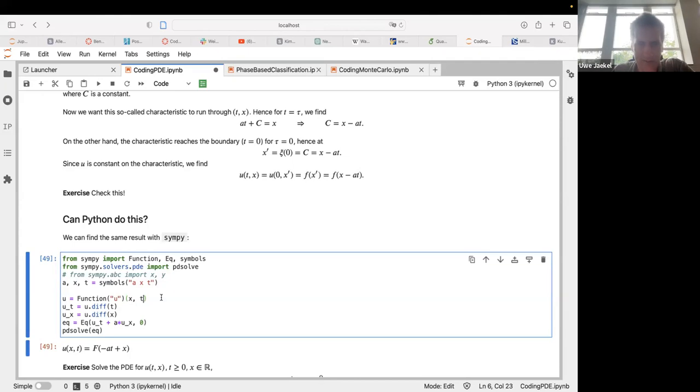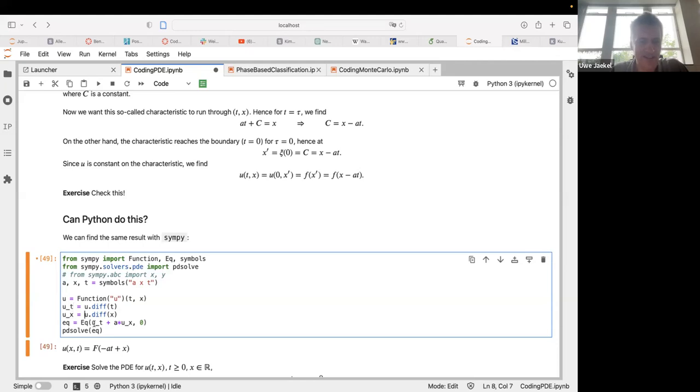I should have written t and x to make it consistent. So it's a function of two variables, t and x. Ut is the derivative with respect to t.